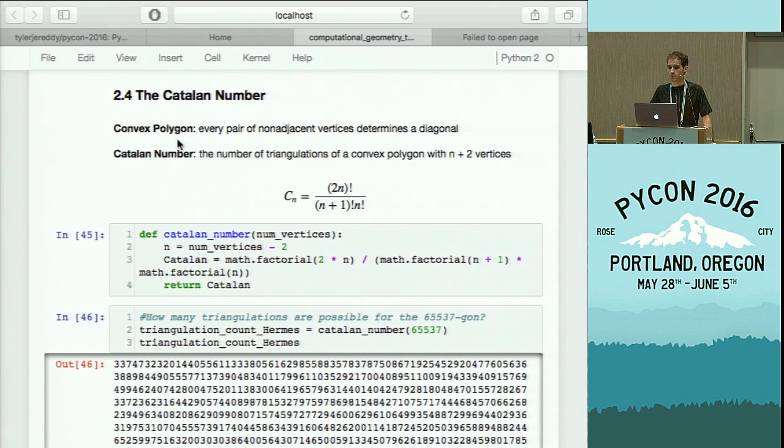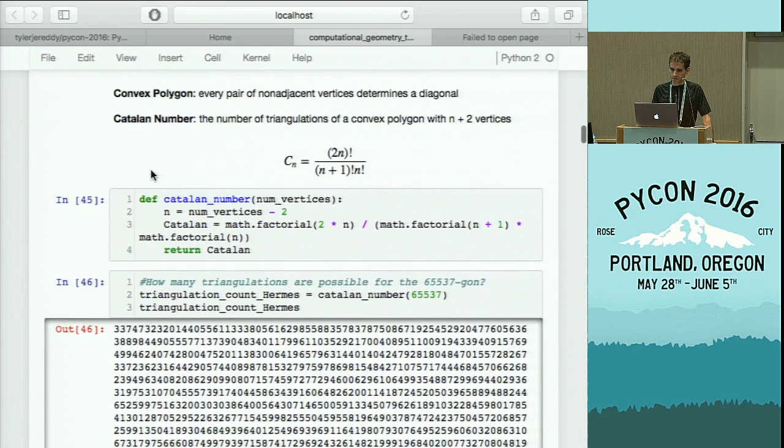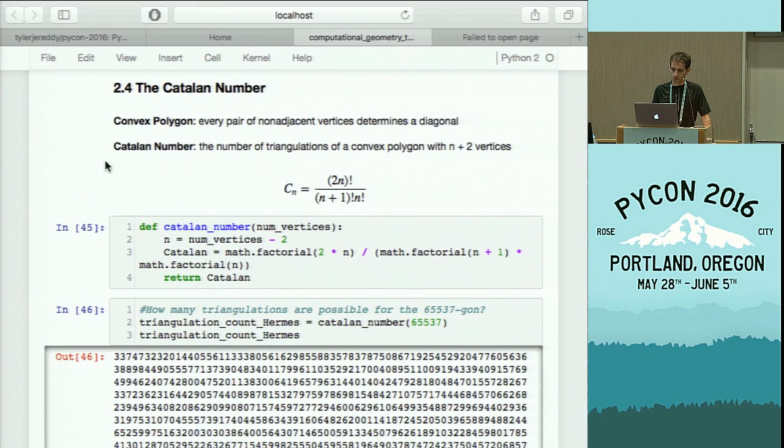So you can draw a line between those two vertices. And then there's this Catalan number, which is named after the Belgian mathematician Eugene Catalan, which basically tells you the exact number of triangulations for a convex polygon.